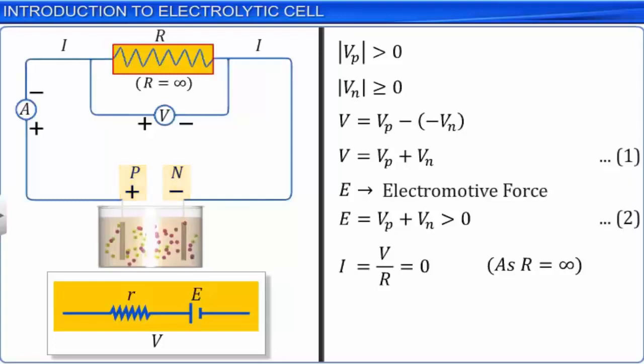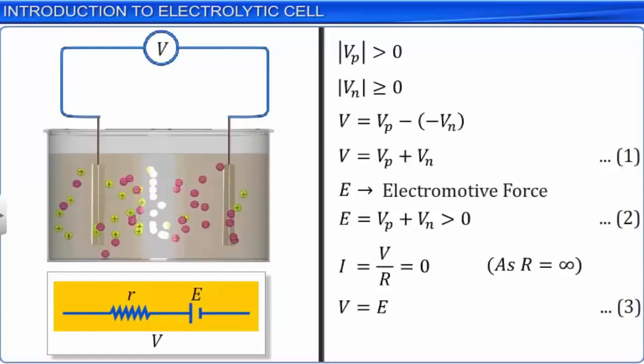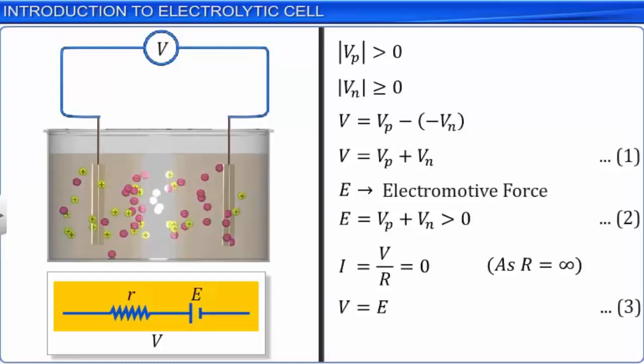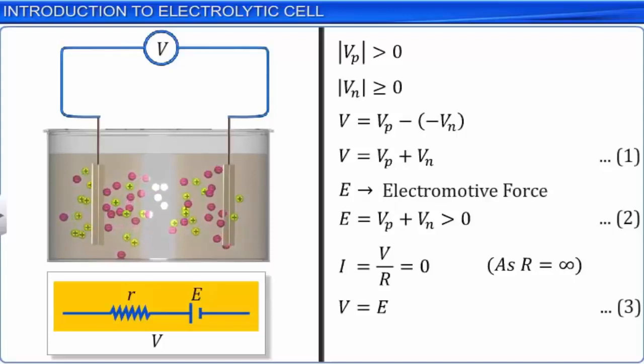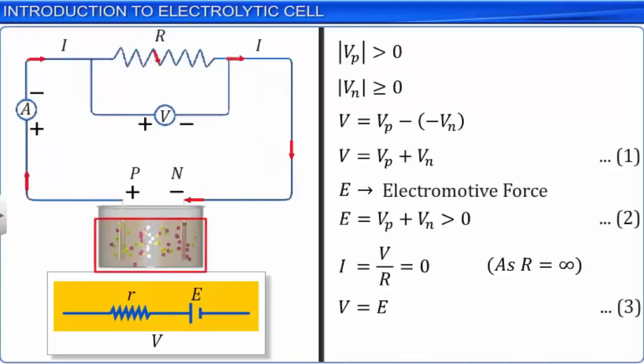From equations 1 and 2, V, the potential difference between P and N measured across the electrolyte, is written as V is equal to E. Let this be equation 3. From equation 3, we can conclude that EMF, E, is the potential difference between the positive and negative electrodes in an open circuit. That is, when there is no current passing through the cell.